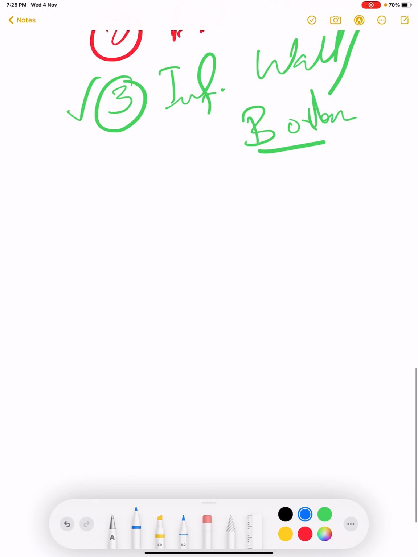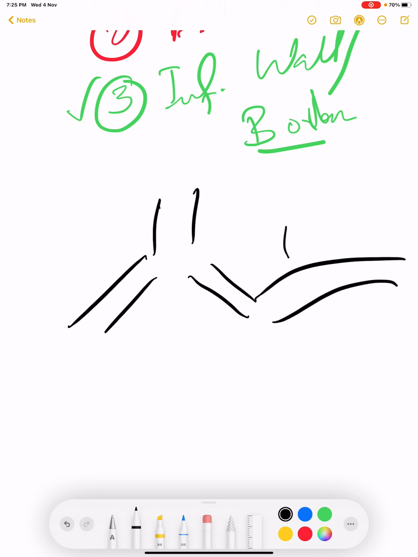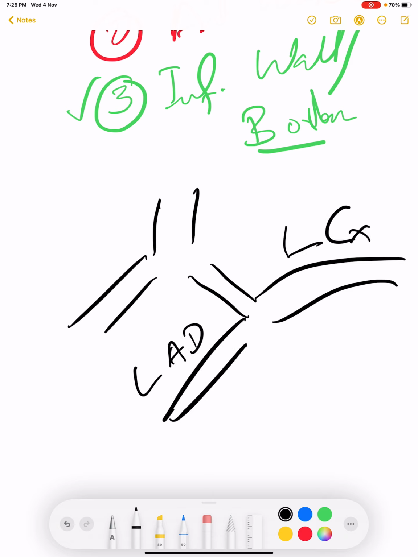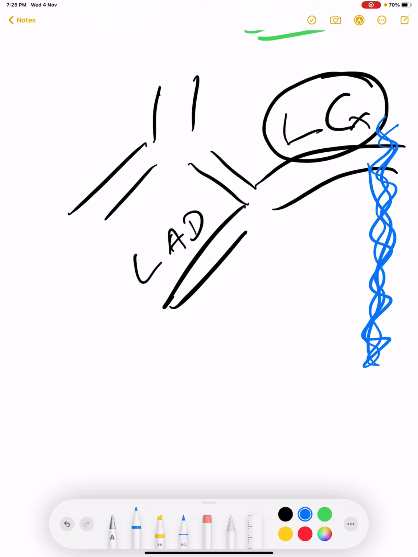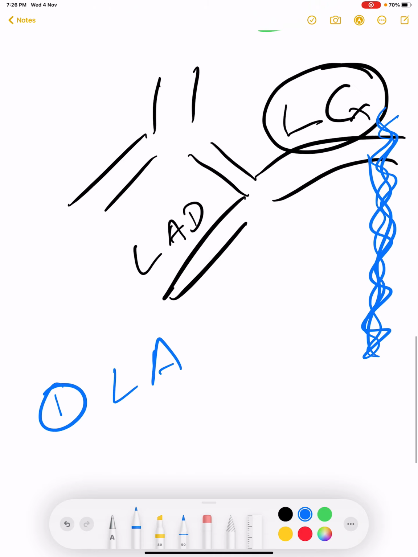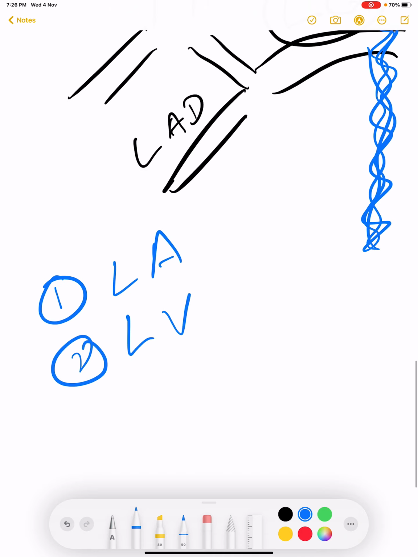And now let's discuss the last artery, that is the left circumflex artery. This was LAD, and now I will talk about left circumflex artery, because it is going to the left side and it will supply the lateral border, which includes left atrium and left ventricle, or we can say lateral wall.